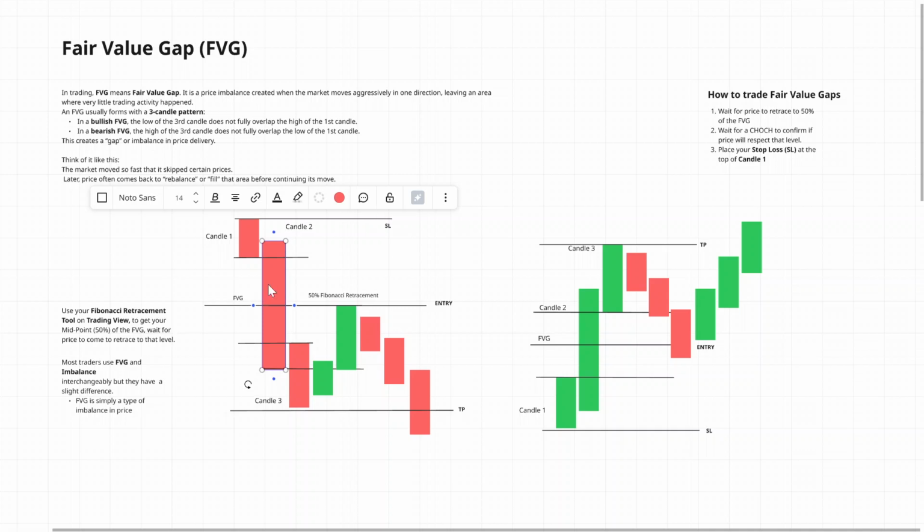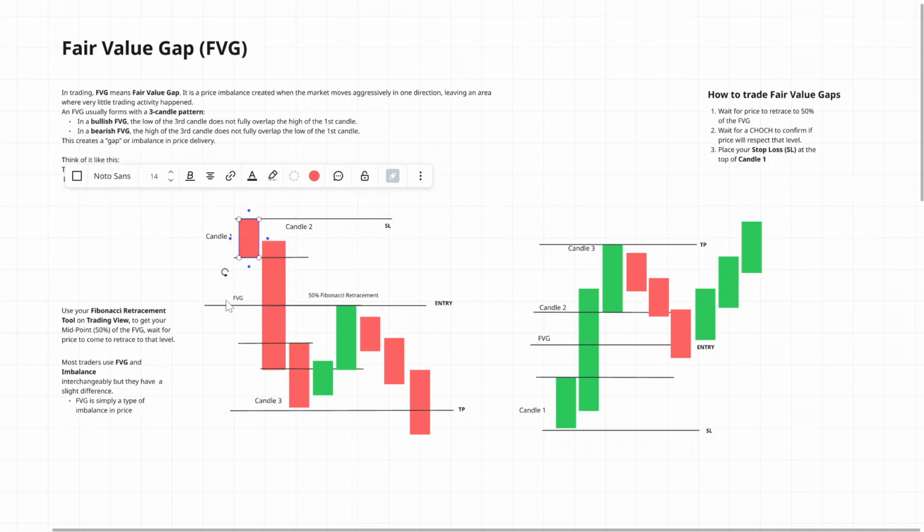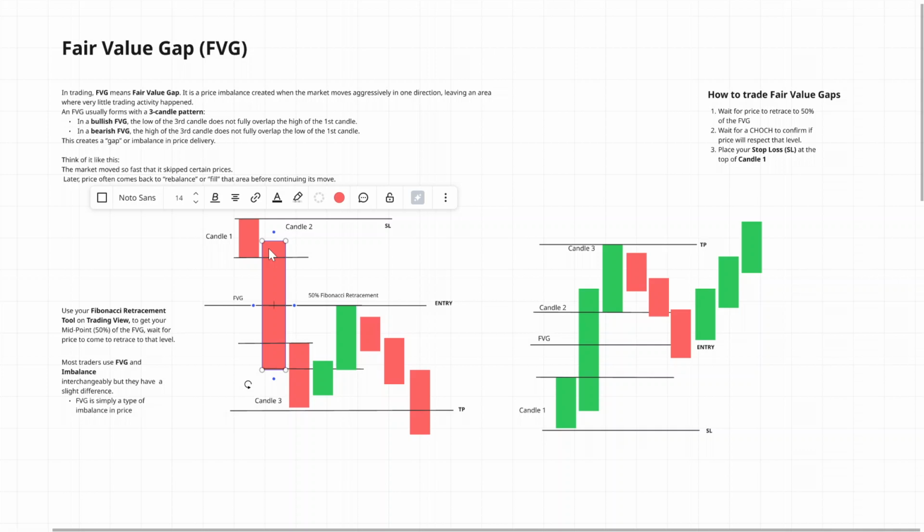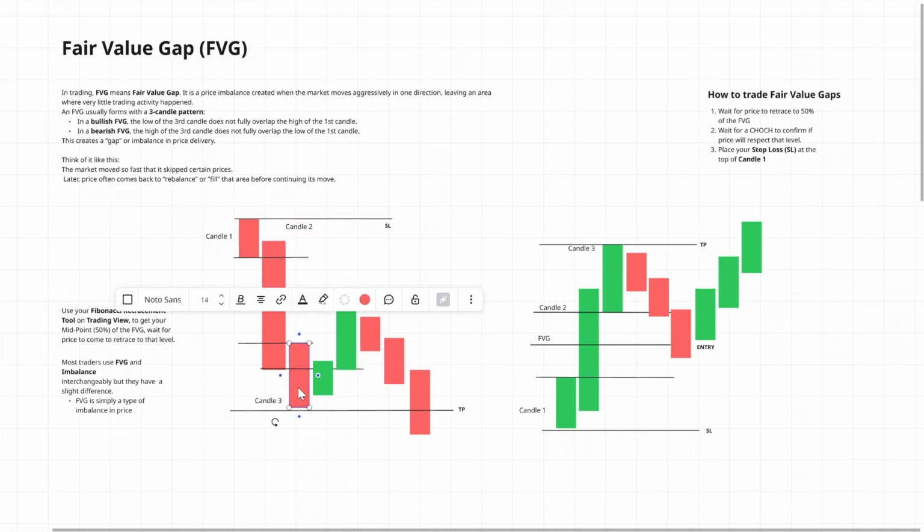At this point, we see the origin candle, or we can call it the pivot candle, and then you see that sellers entered into this market aggressively and caused a huge dump to the downside. Then you see a continuation in price at candle 3.